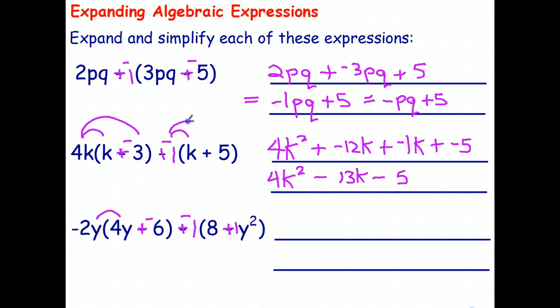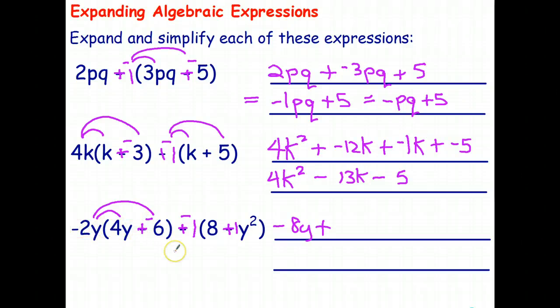Oops, and I didn't do it up there. Let's be consistent and do it up there. Catching up, I've got good notes. Okay, negative 2y times 4y is negative 8y, plus negative 2y times negative 6.